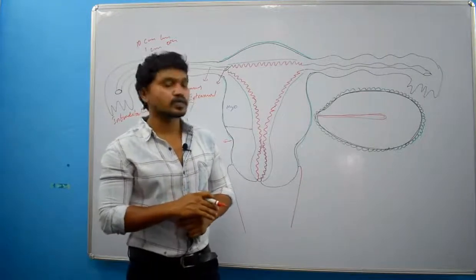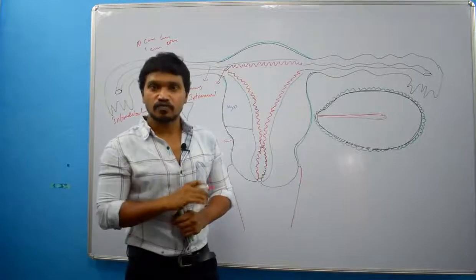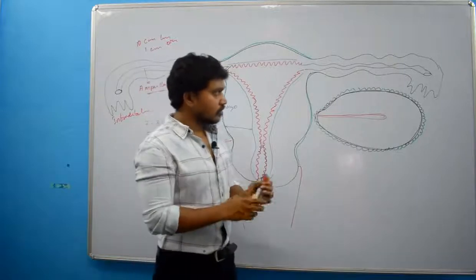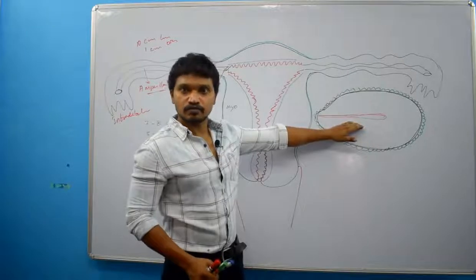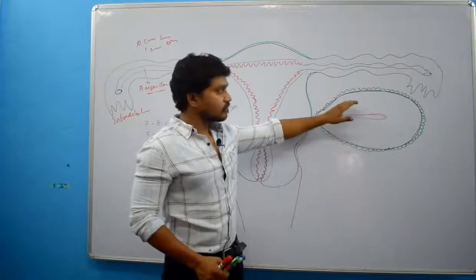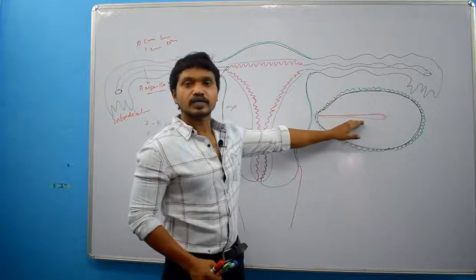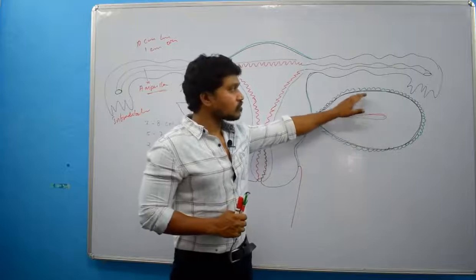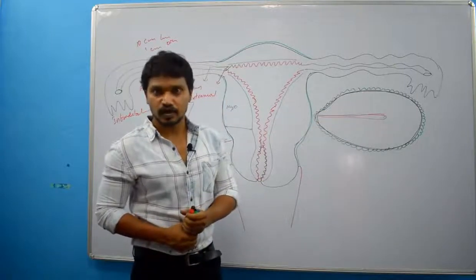But before puberty, the cortex contains primordial follicles. Right? So, very simple. The ovary, the female gonad, contains an outer cortex and an inner medulla. The inner medulla is made up of vascular connective tissue. The outer cortex is made up of different stages of developing follicles.